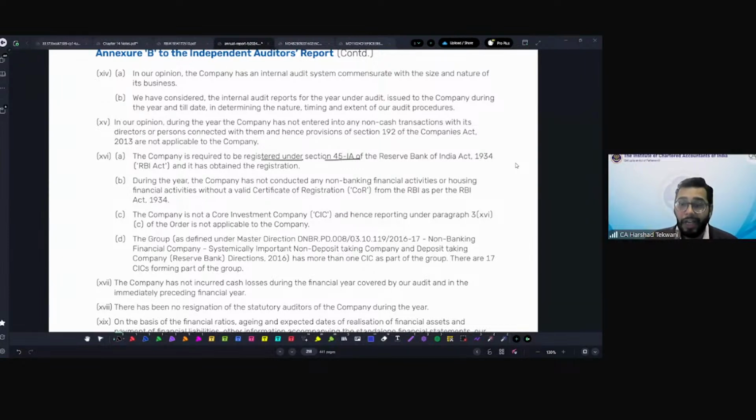Whether the company is a CIC. There can be more CICs in a particular group. So para 16 again becomes very important, a paragraph specific to NBFCs. For entities which are not NBFCs, they will say the company is not an NBFC, hence this para is not applicable. But for the NBFC, this becomes very important.